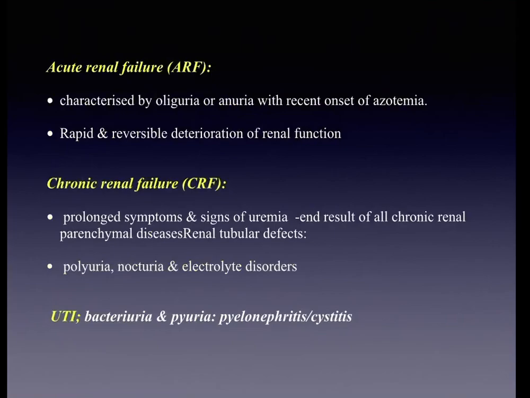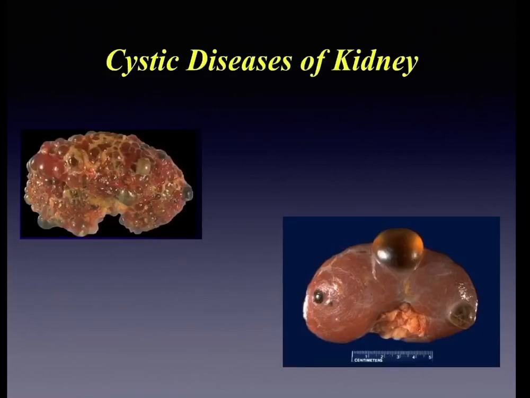They present as polyuria, nocturia and electrolyte disorders. Next, coming to urinary tract infections, this is characterized by bacteriuria and pyuria, which manifests as pyelonephritis or cystitis.